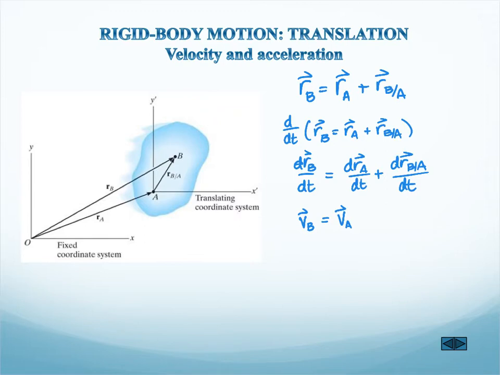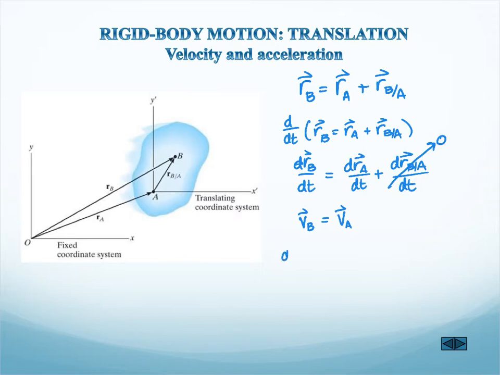Well, this is a rigid body, so the position of B with respect to A does not change in time, and so that quantity is zero, leaving us with the conclusion that all the particles on the object are going to move with the same speed.